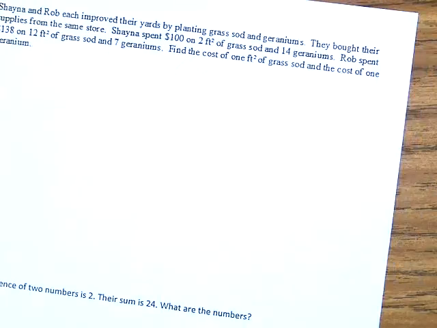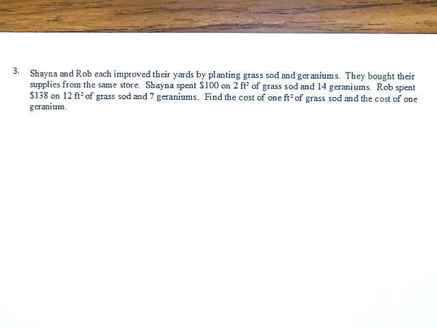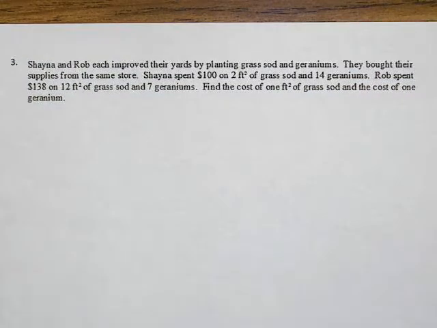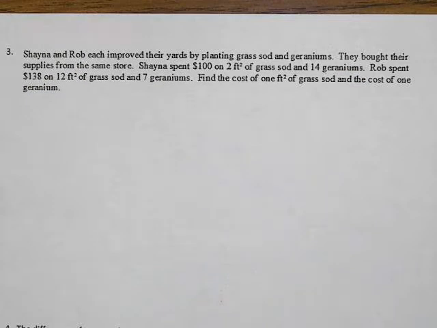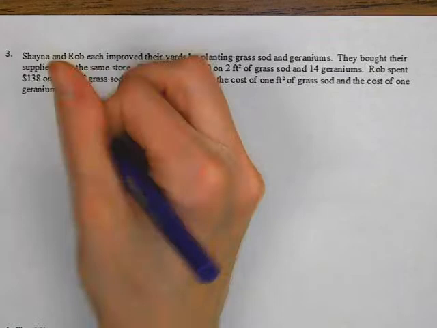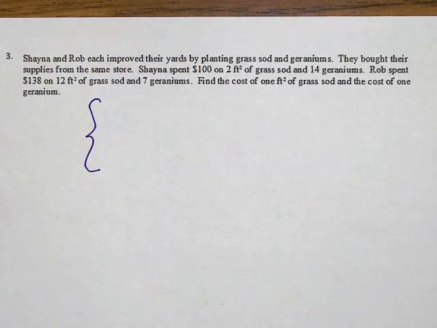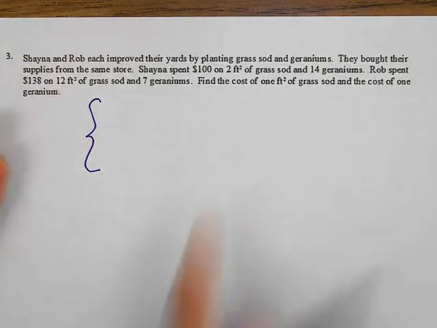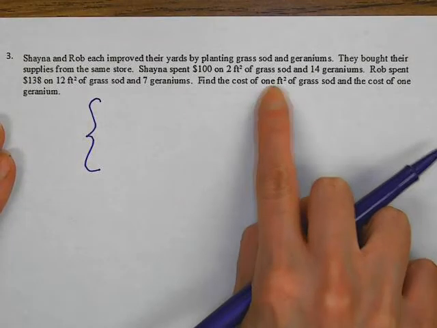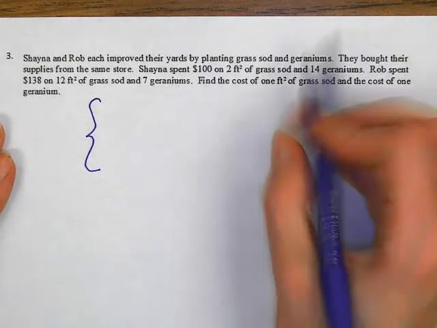Okay, let's move to the next page, 55, and let's try a couple more. Okay, so number 3. You need to set up 2 equations to represent the data. But let's first figure out what the variables are going to be. Find the cost of 1 square foot of grass sod.